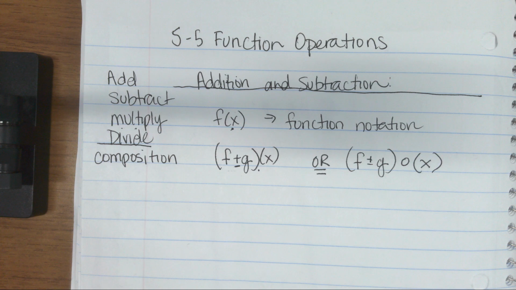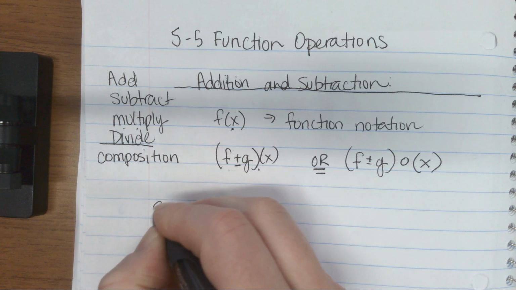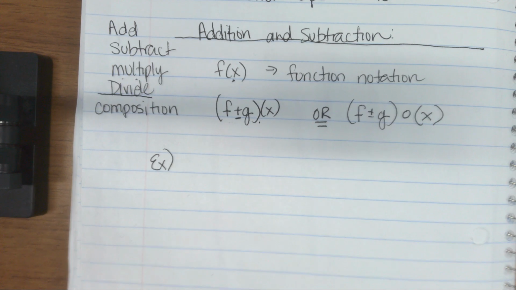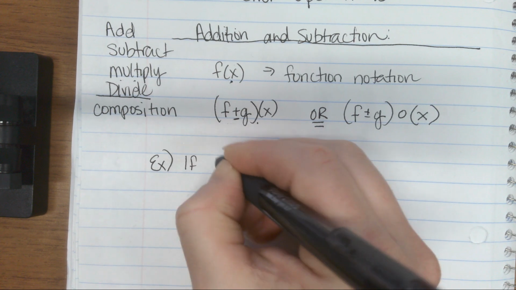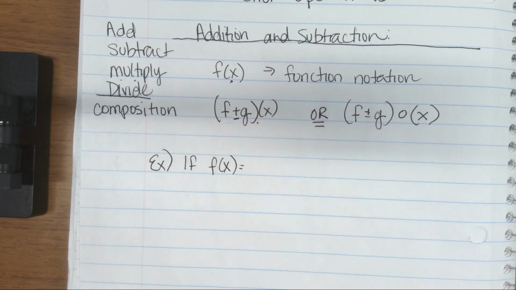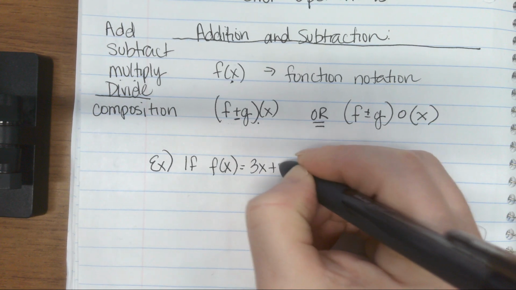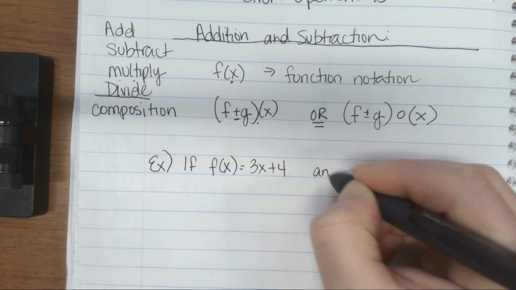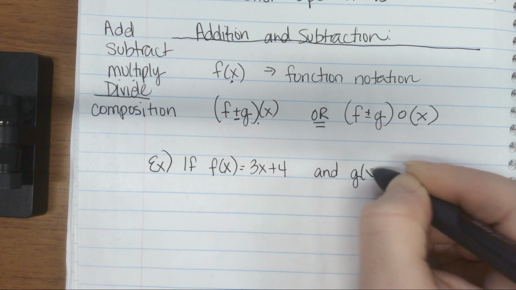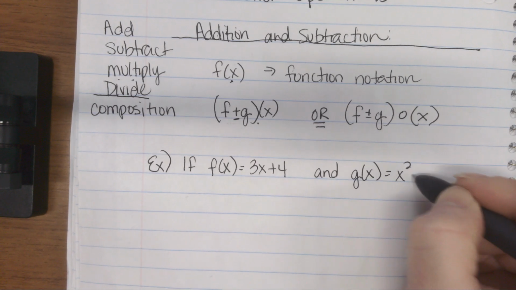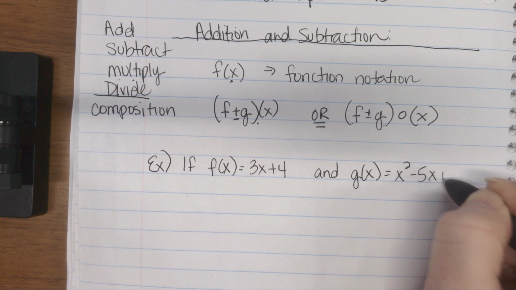Sometimes the functions have like terms and sometimes they do not. My example for this is, suppose I had the functions f of x defined as 3x plus 4 and g of x defined as x squared minus 5x plus 2.